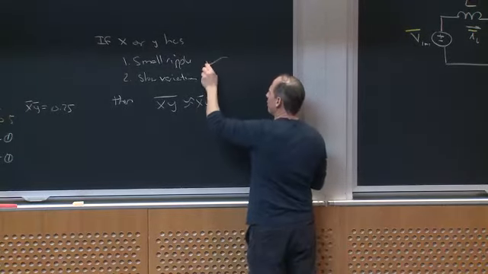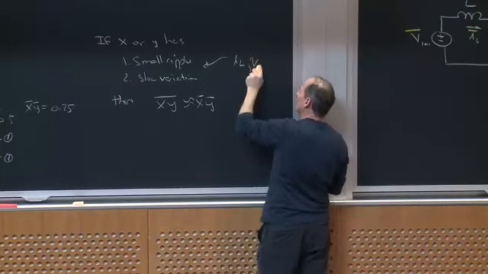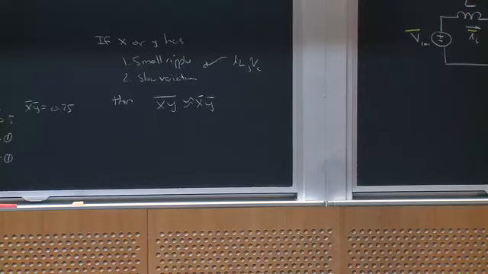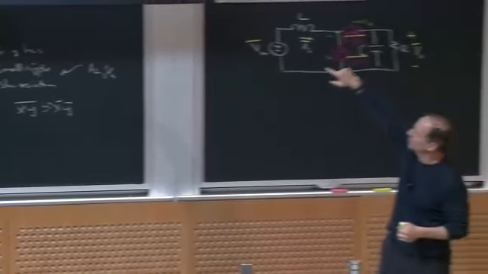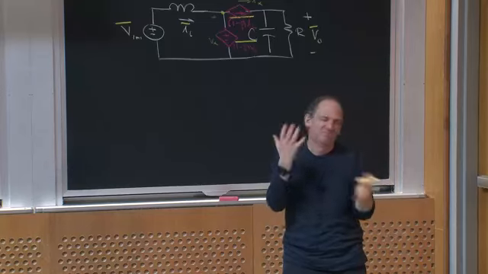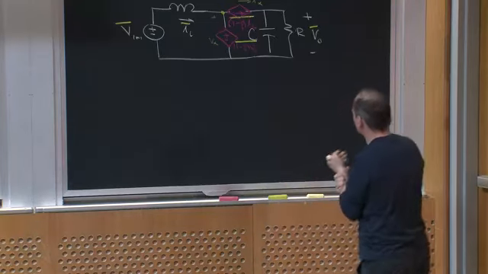This might be true if X or Y is an inductor current or a capacitor voltage. Even in that example I was showing you, there's some ripple, but it's on top of a big DC offset. It's not really violating that approximation very much.